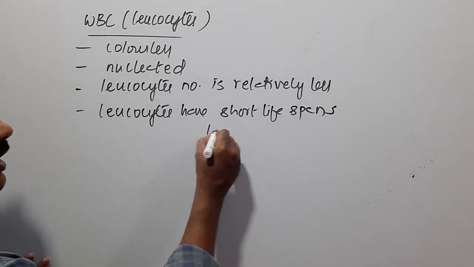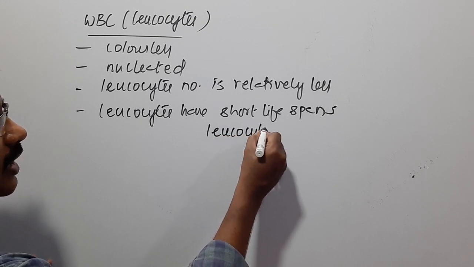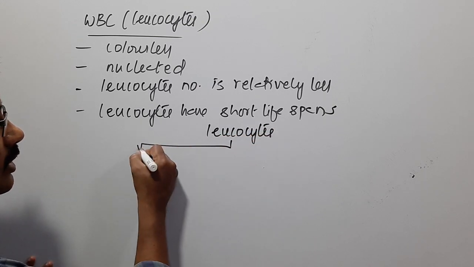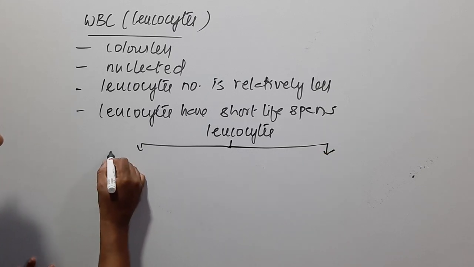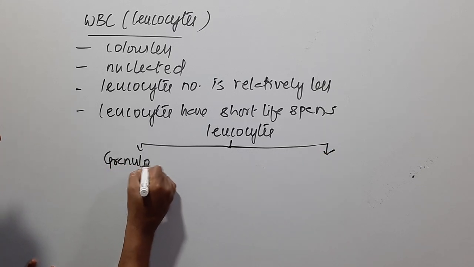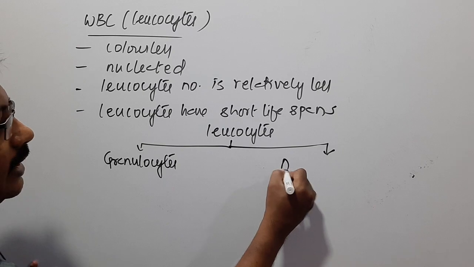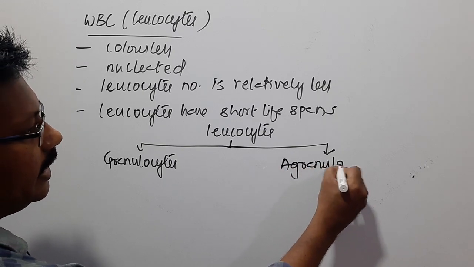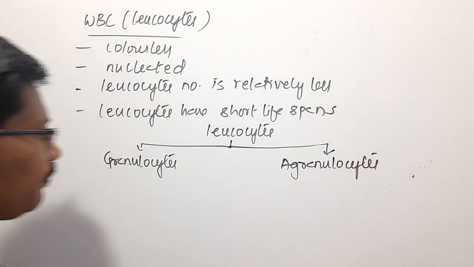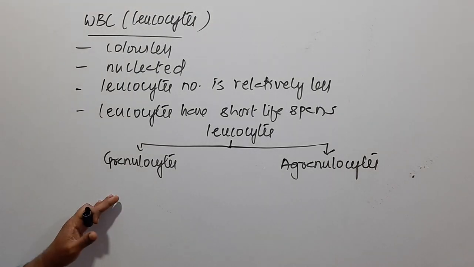Now we know already, in yesterday's session, we have seen these leukocytes. We classified them into mainly two types, granulocytes and agranulocytes. The granulocytes are the ones that have granules in the cytoplasm, and agranulocytes will not have granules in the cytoplasm.